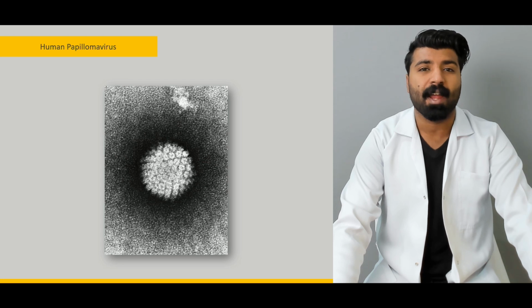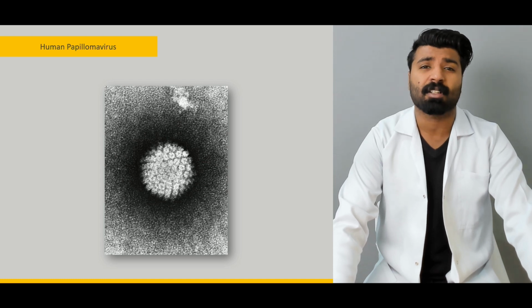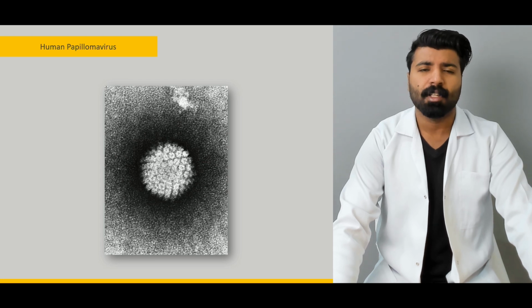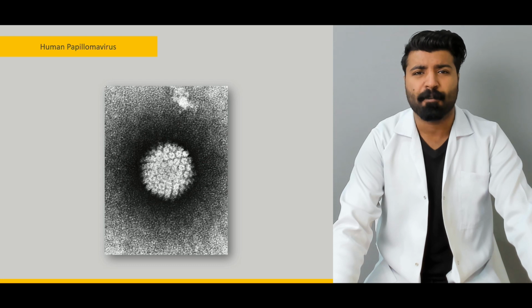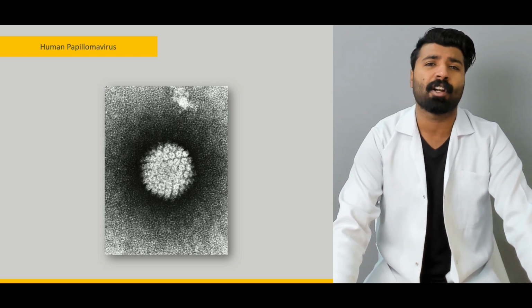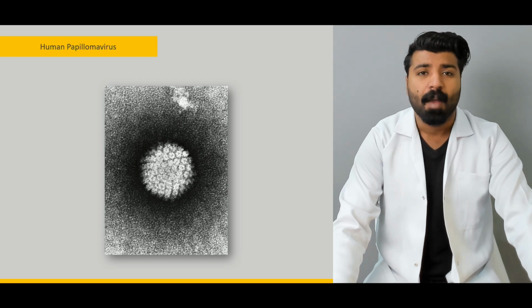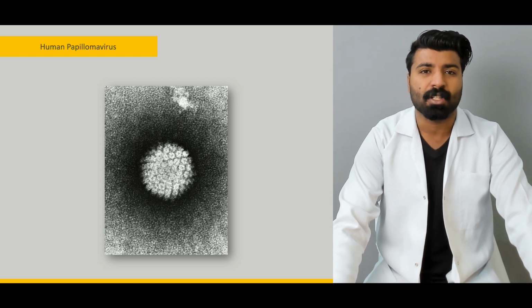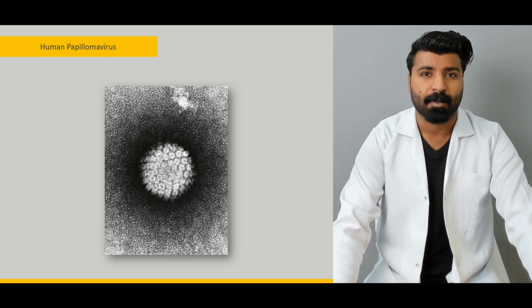It is not covered by some capsule or anything remotely related to a membrane, but by a cascade of proteins. Three of them are very self-explanatory. It is a double-stranded DNA virus, and it belongs to the Papillomaviridae family. But one thing that needs explanation is that it contains 130 to 140 subtypes.